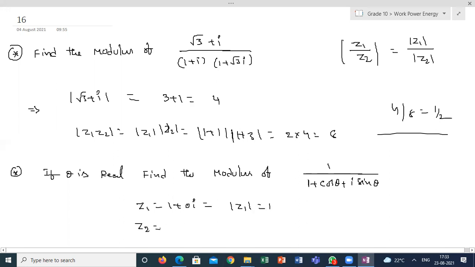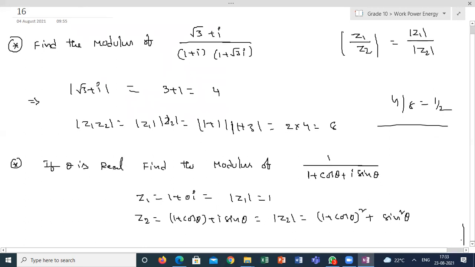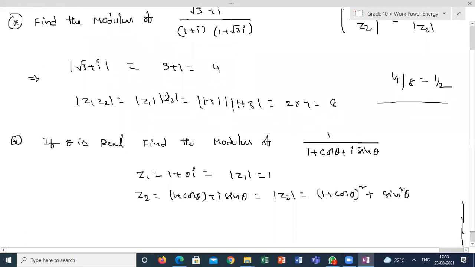Your Z2 is equal to 1 plus cos theta plus i sin theta, whose modulus is root of (1 plus cos theta) whole square plus sin square theta. So take this ratio and simplify and let me know what is your answer. Simplest answer.